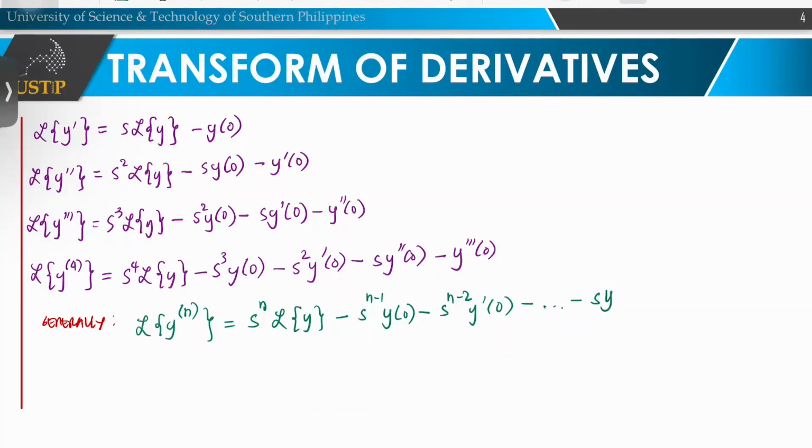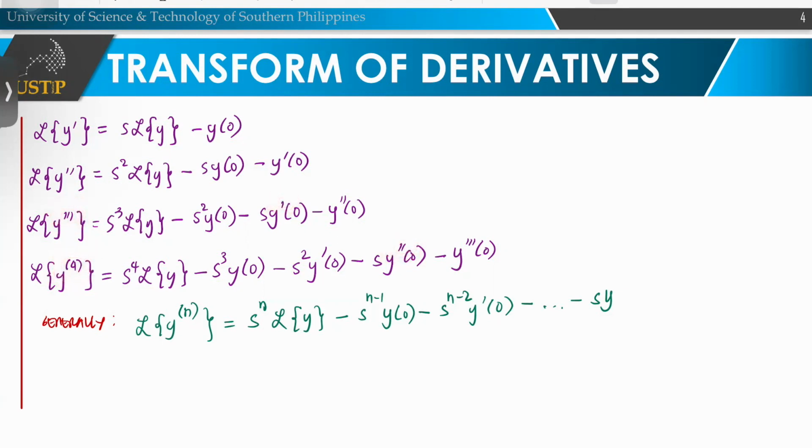Now, as you can see in this pattern, if you have 4 there, the order of the derivative multiplied by s is always 2 less than the order of the derivative you took the transform of. So if 4, it is 2; if 3, it is 1, and so on.